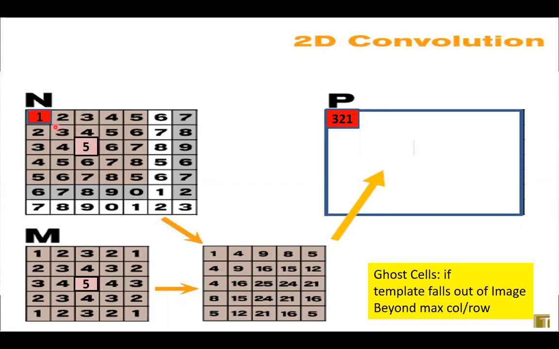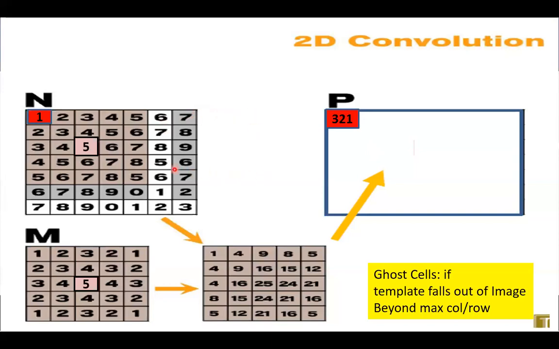Now you will slide this mask to another position. You slide it right and you place this mask here like this, carry out the same calculation and put the result here. And similarly for each location you do that. Like our previous case, there is the issue of ghost cells. Whenever this mask is placed at positions like the end positions here, sometimes the mask will flow out.